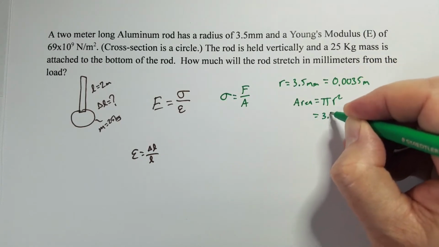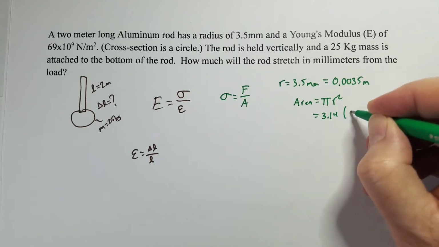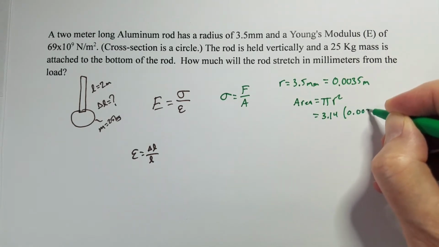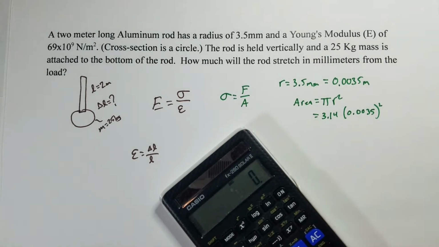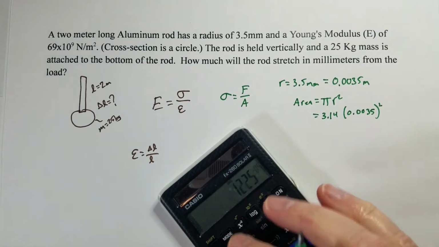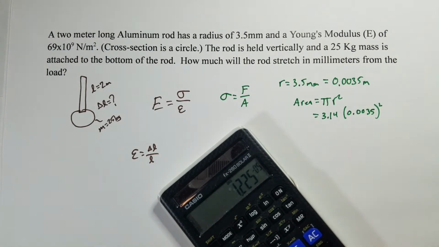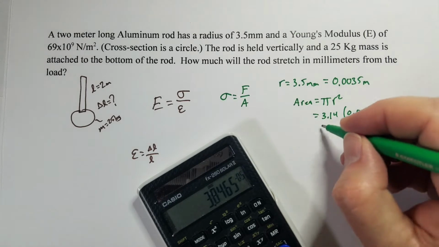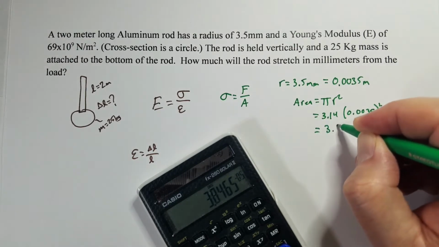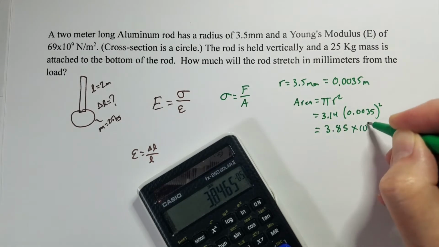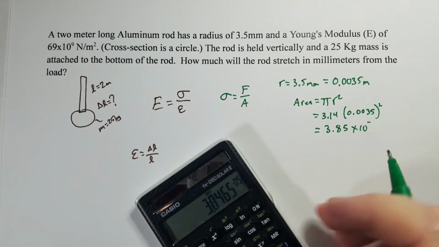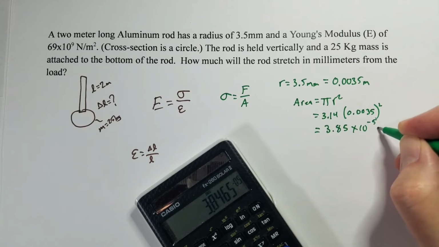I'm just going to use 3.14 for pi in this example. And we're going to square the radius. So 0.0035 squared times 3.14 gives me an area of 3.85 times 10 to the minus 5th meters squared.